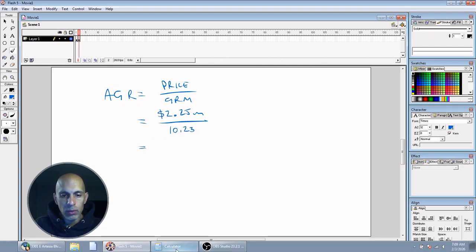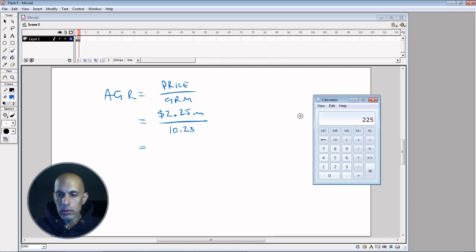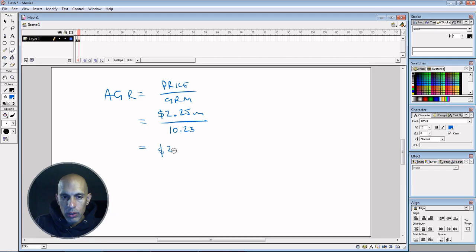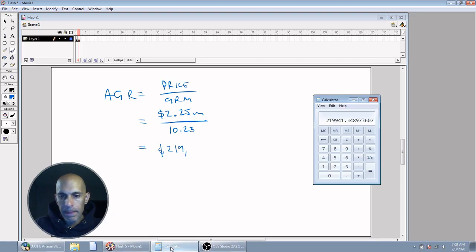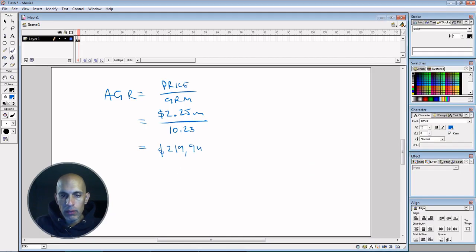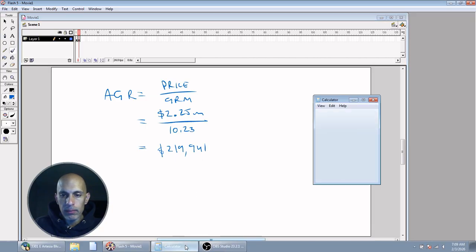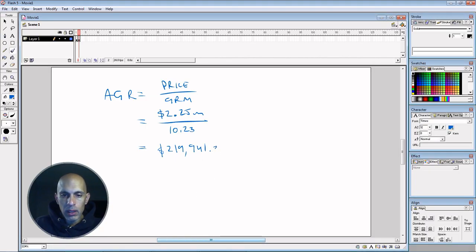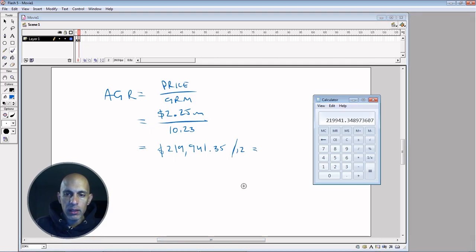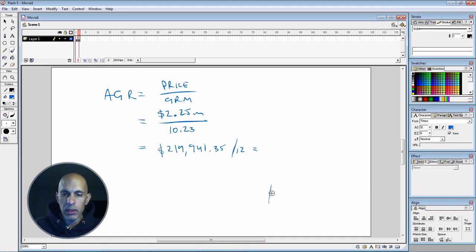So this is equal to 2.25 million over 10.23. So this is at 219,941.35 divided by 12. Well, first let's compare it to what this chart says here.